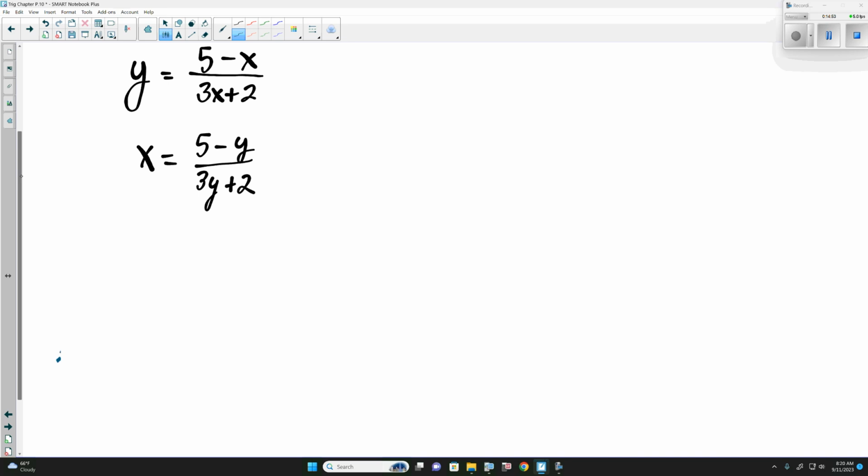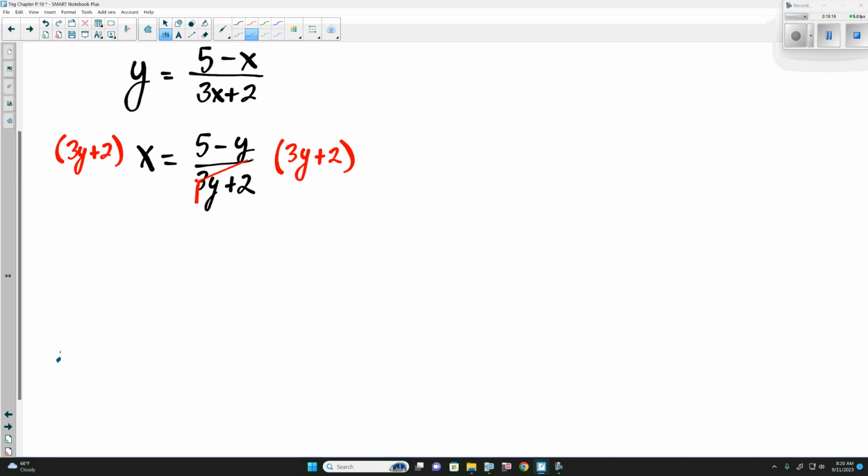And this is where it gets a little complicated, because what we need to do is, one, get rid of the fraction. Two, once we do that, we need to get the y's together. We need to group them on one side. So the first thing I can do is multiply both sides by the denominator.